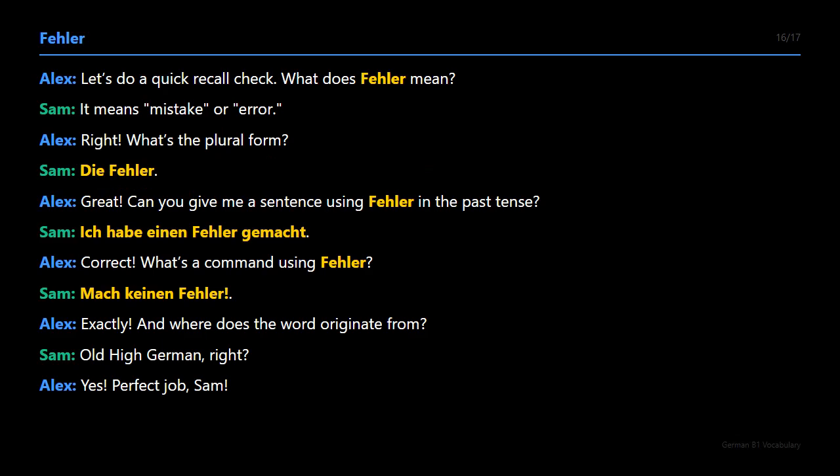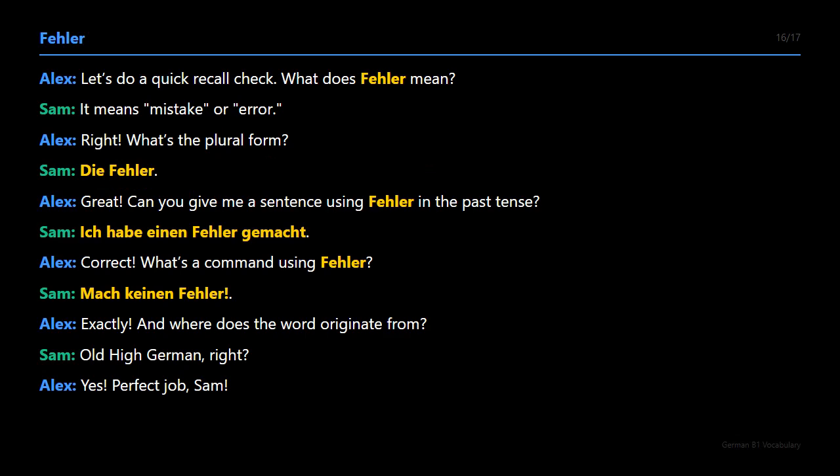Let's do a quick recall check. What does Fehler mean? It means mistake or error. Right. What's the plural form? Die Fehler. Great. Can you give me a sentence using Fehler in the past tense?